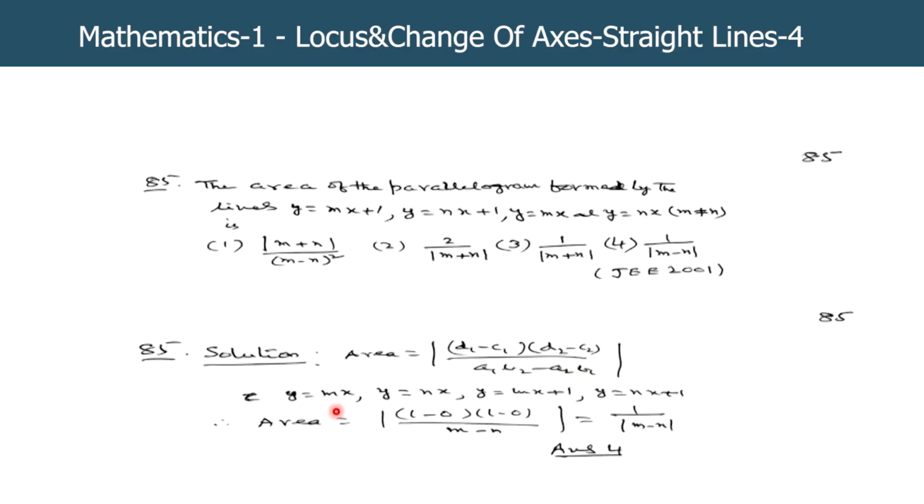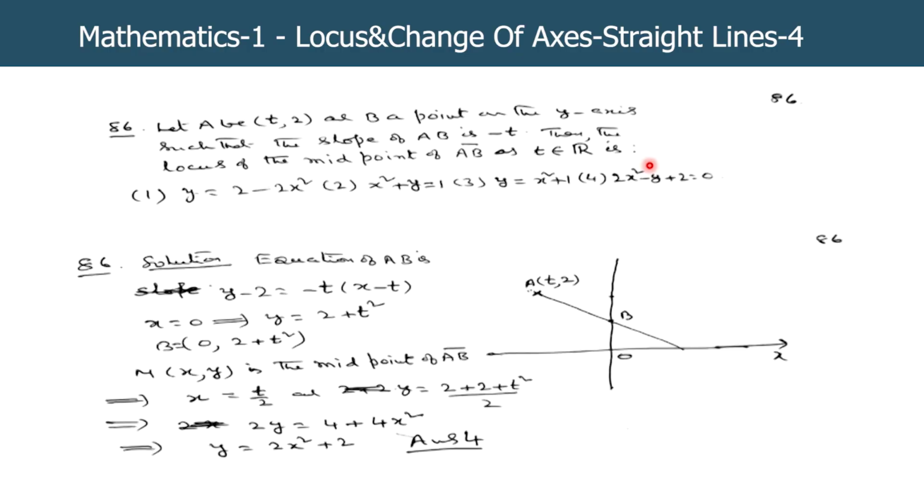So here c1 = 0 and c2 = 0, d1 = 1, d2 = 1. So as per the formula, the area is (1 - 0)(1 - 0) by (m - n). So that is 1 by mod (m - n). So the correct option is option number 4.